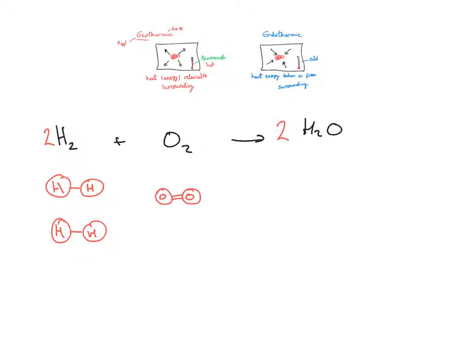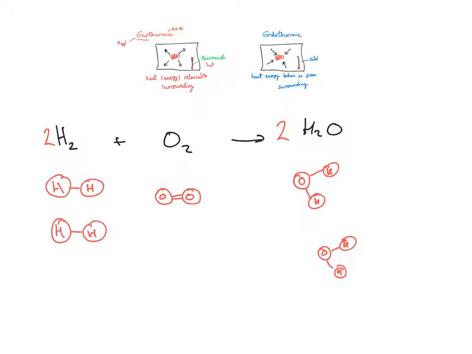Notice I've drawn a single bond between the hydrogens and a double bond between the oxygens. And we're going to make H2O. It doesn't matter if you don't draw the correct orientation of the molecules, so whether you get the H2O in the right places, as long as you're showing the bonds between them.